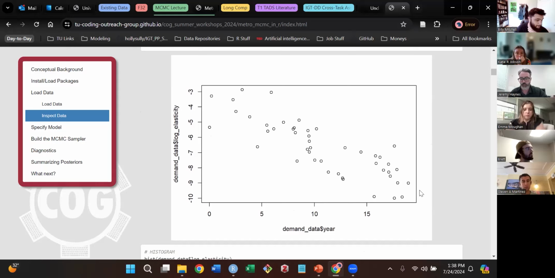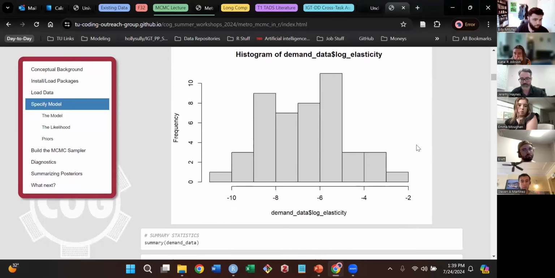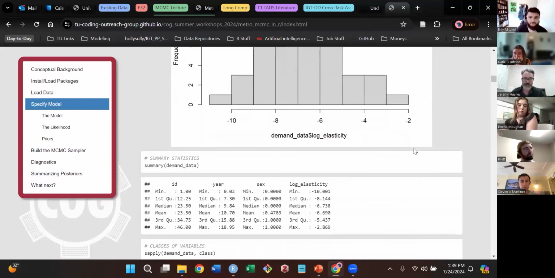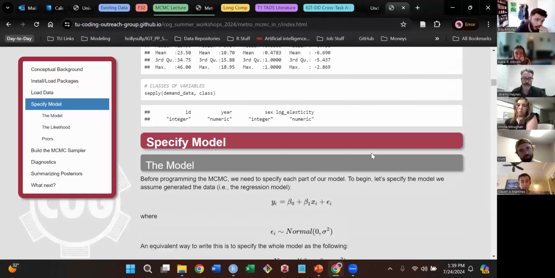So kind of what we were predicting, that we have elasticity as a function of how many years somebody's been using fentanyl. If somebody's been using it more across their lifespan, their elasticity is lower, which again means they're more addicted. Here's a histogram. It's just nice to show a histogram. Same with some summary statistics. We don't need to go into a whole lot of details here in particular.